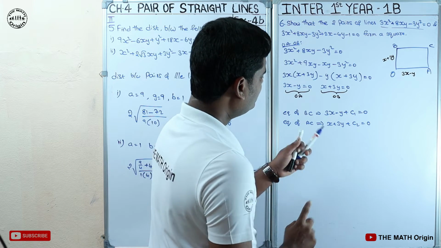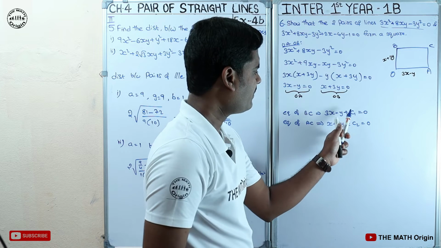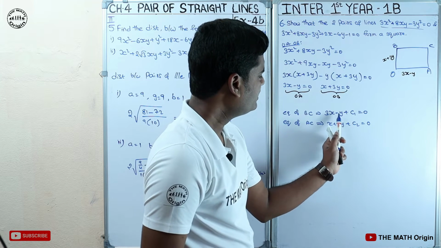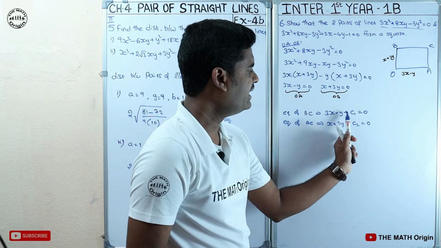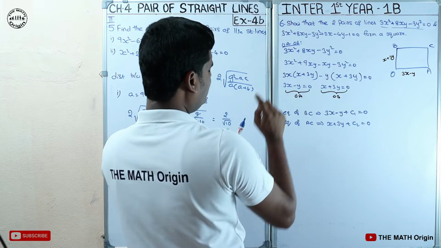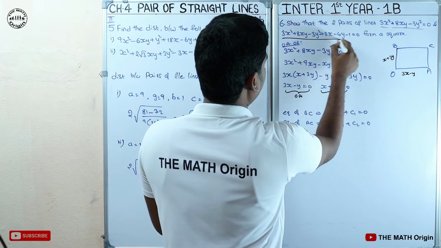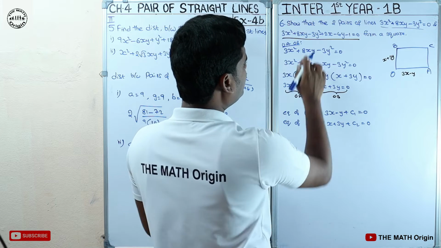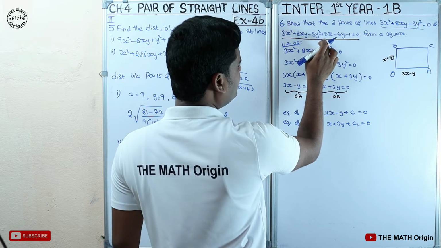So now we got separate equations, line 3 and line 4, and the product of these two lines will be equal to the second pair of straight line equation.